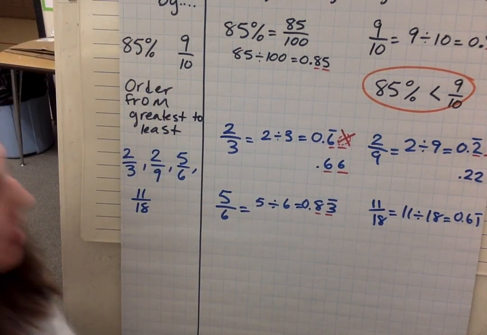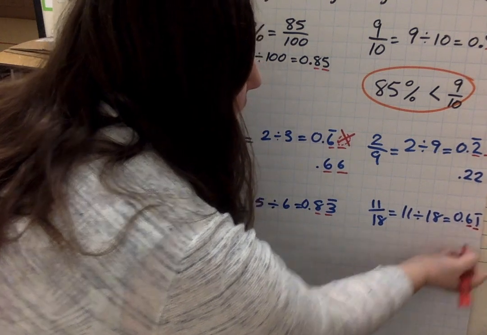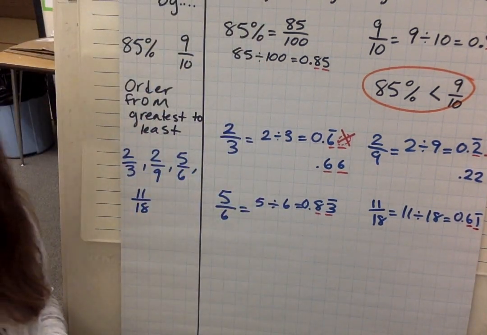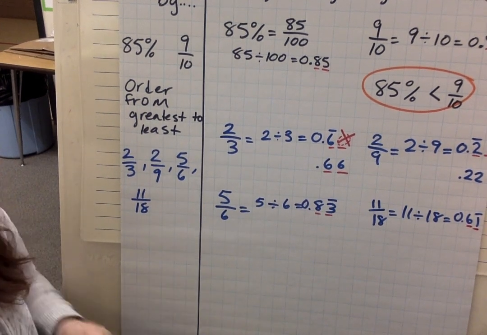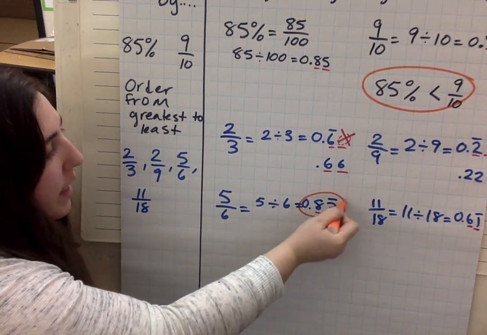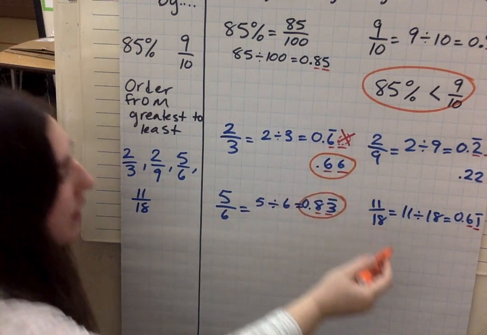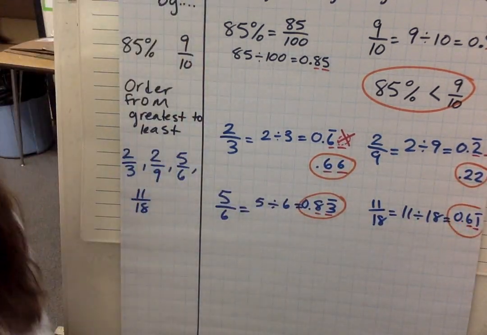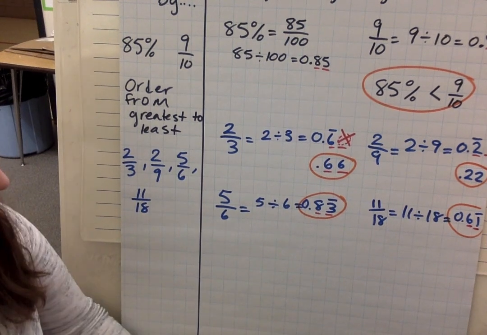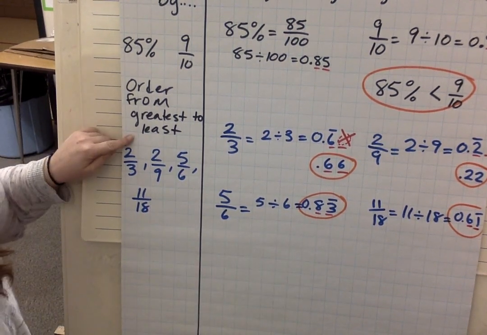And then we see over here that we have 2 place values, so we don't need to do anything. So now we are comparing 0.83, 0.66, 0.22, and 0.61. And I'm going to order them from greatest to least.